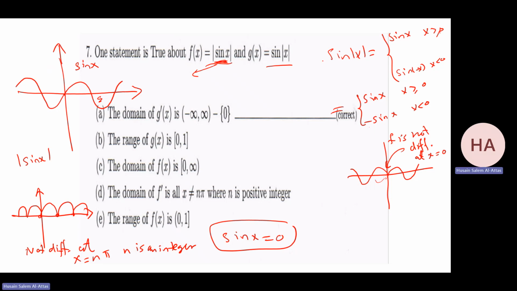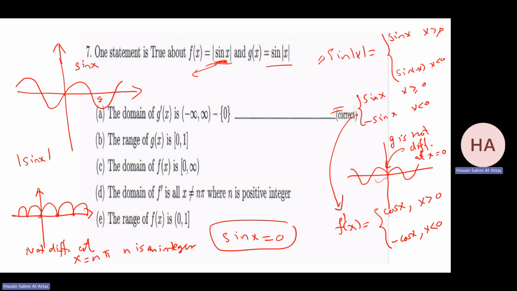I mean, this function, call it f or g. They call it g, so g. Also, I can check it using the things we did before. What is f prime? This one is not easy to rewrite, but this one will be what? It will be cosine x if x is positive, minus cosine x if x is negative.